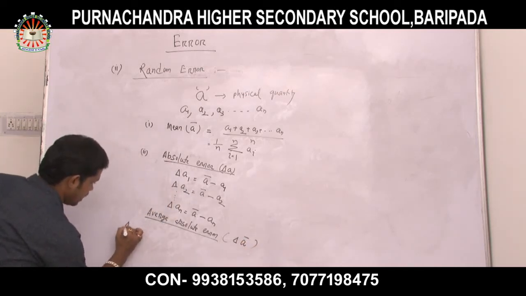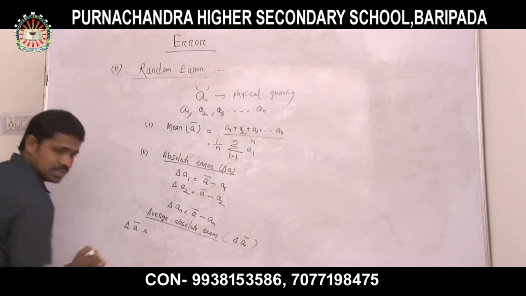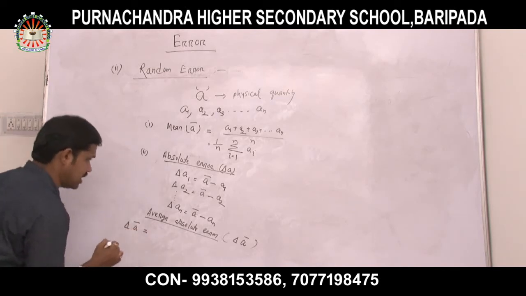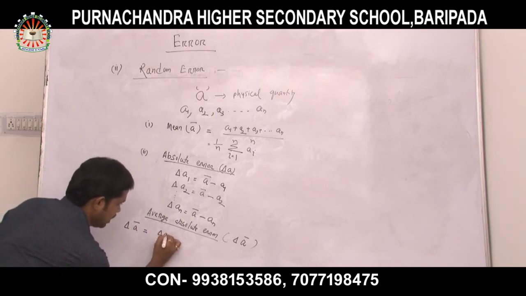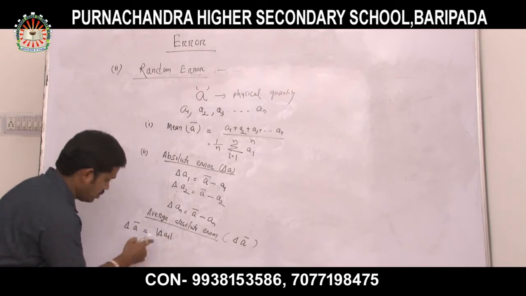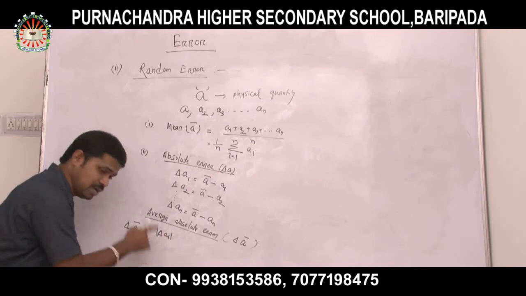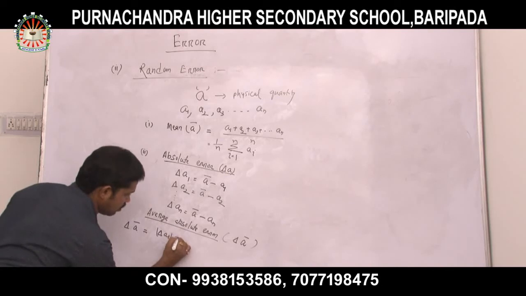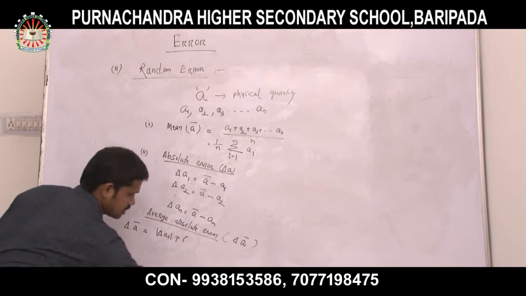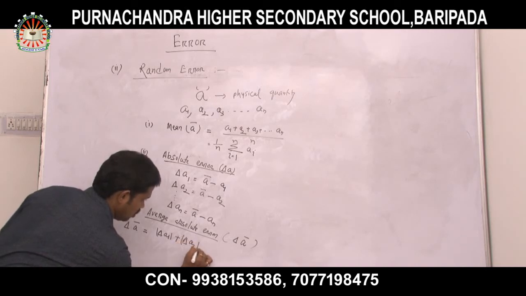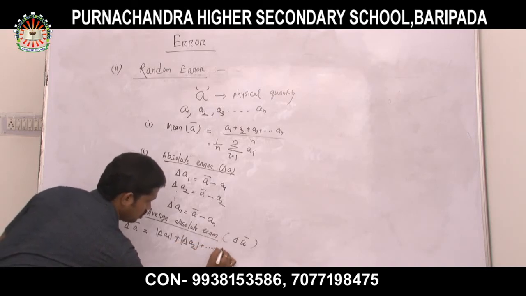So del A bar is equal to the mode of del A1, look here, mode, because it can be positive or negative, so we take only the positive value. So mode del A1 plus mode del A2, moving up to mode del AN, divided by N. Very simple.